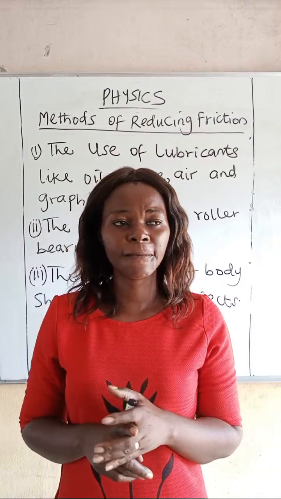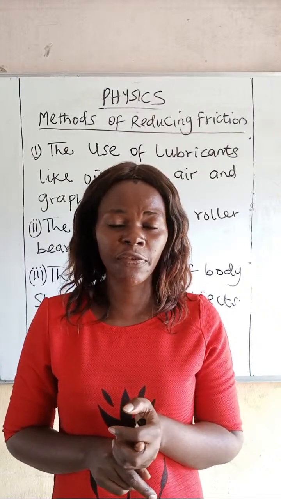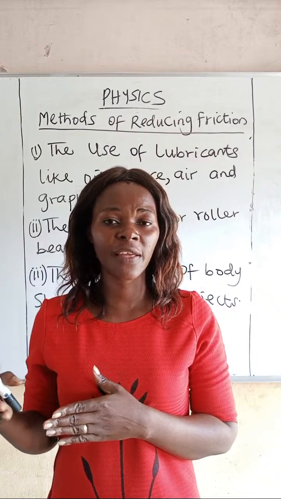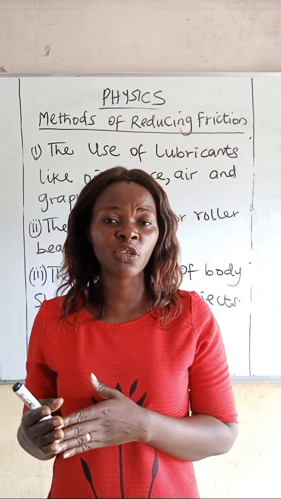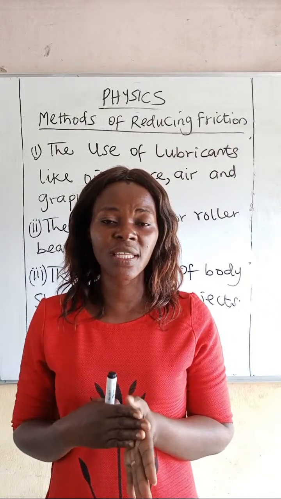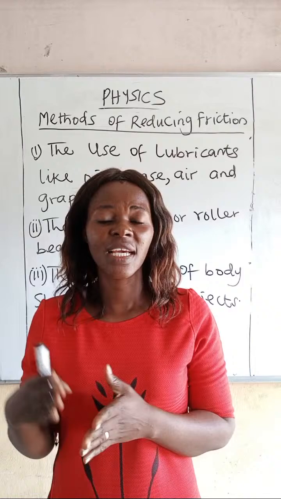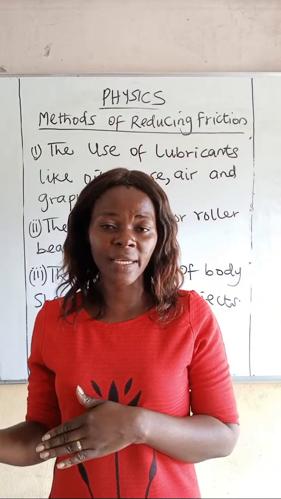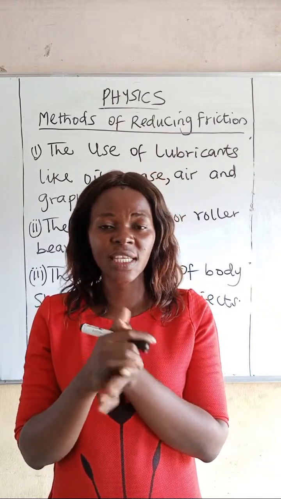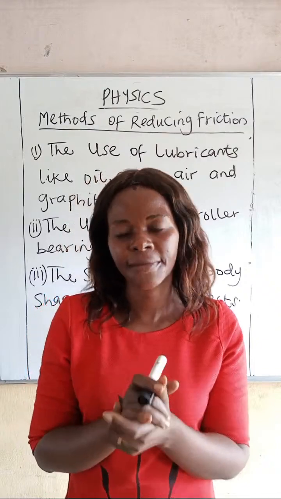We should know the advantages and disadvantages and ways of reducing friction. And we should not forget that friction is a contact force. Contact forces are those forces that need contact with the body to which they are applied, while non-contact forces are forces that do not need contact with the body to which they are applied.